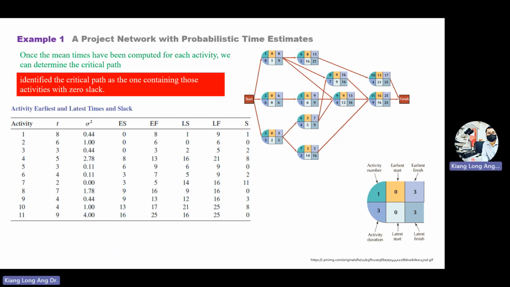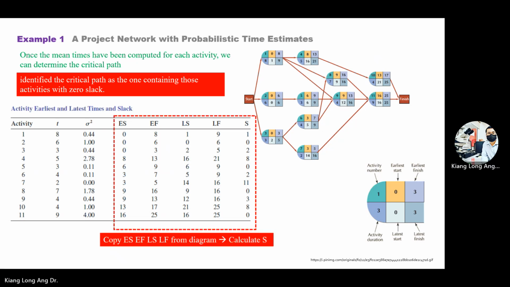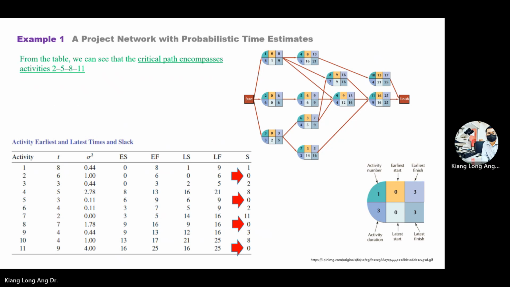Okay. So here you know that just now we determined there are 4 critical components. So 2, 5, 8.